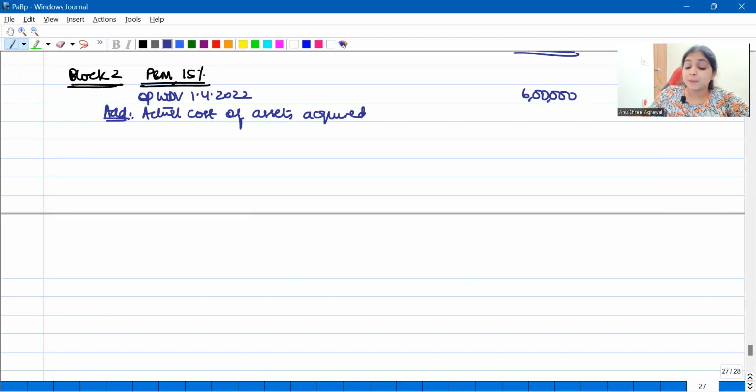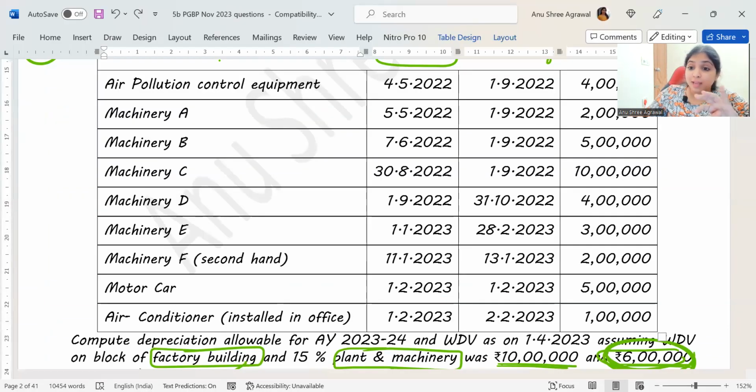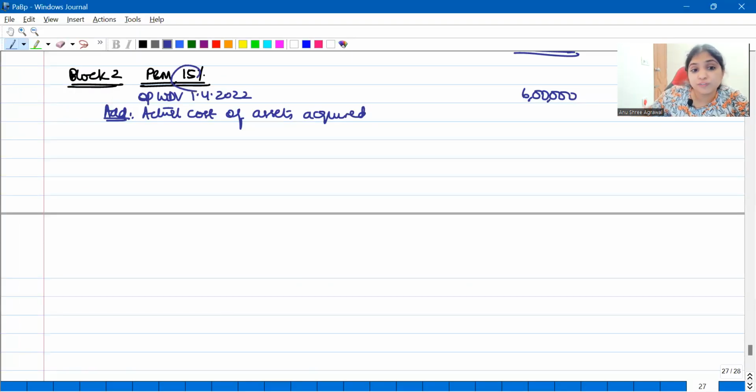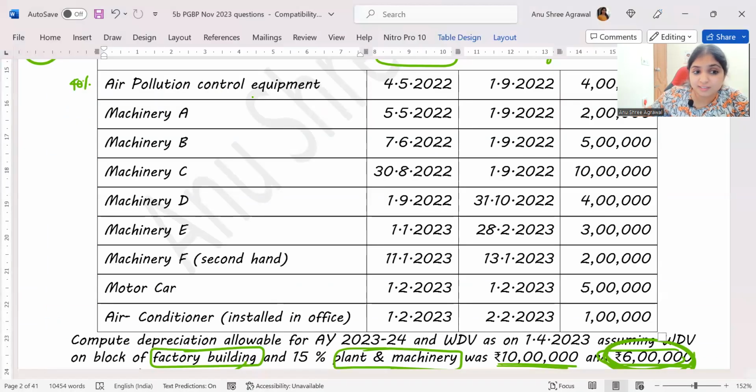No. Air pollution control equipment, what did we learn? Air pollution control equipment, water pollution control equipment, solid waste recycling equipment, energy saving devices, life saving devices, all of these we put in under which category? 40%, right? So air pollution control equipment will go into the 40% block. It cannot come into block 2, 15% block. So I'm not considering this. This is going to be pending. We'll handle this at the end.